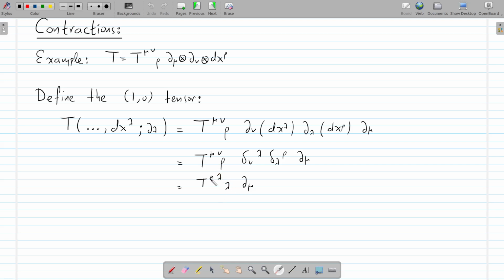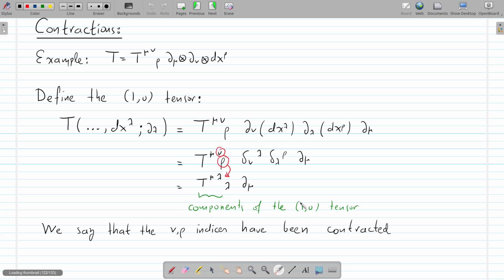So for a fixed mu here, this is something like a trace. But there is a leftover index here, mu, that is contracted with the vector d mu, so this is actually the components of a 1-0 tensor. So this 1-0 tensor, we say that it comes from the contraction of the nu and rho indices.